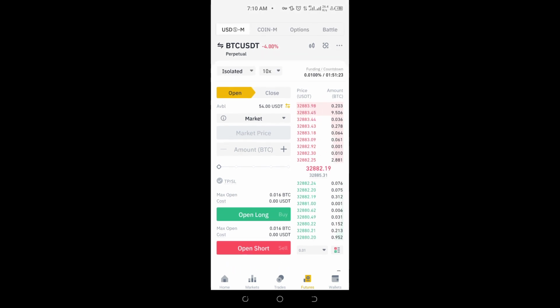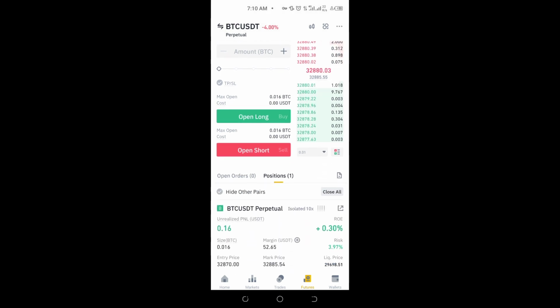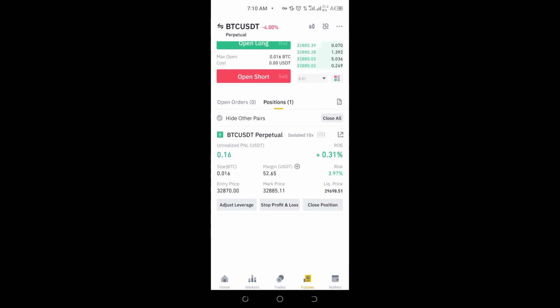Now I spoke about isolated and cross. Since we are trading on isolated, if we reach our liquidation price, what we will be losing is our margin of $52.65. That is what is at stake, because we are trading on isolated.